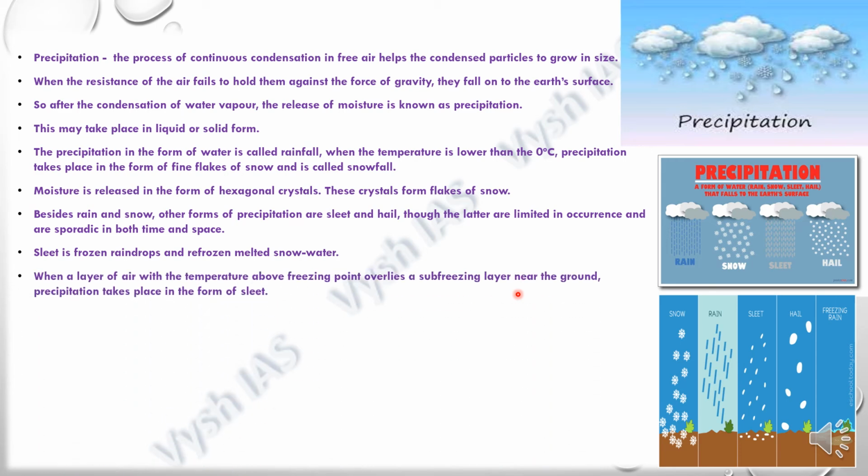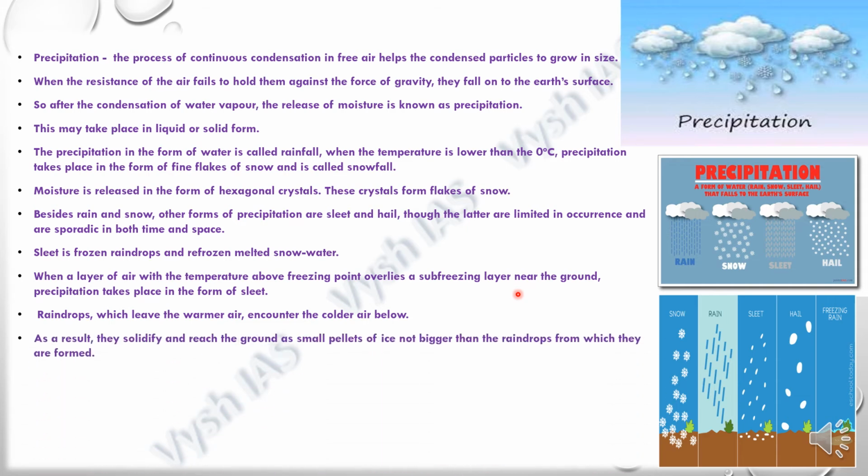When a layer of air with a temperature above the freezing point overlies a sub-freezing layer near the ground, then precipitation takes the form of sleet. Raindrops which leave the warmer air encounter the cold air below, because it will be floating at the lower surface, because the warm air will rise towards the sky.